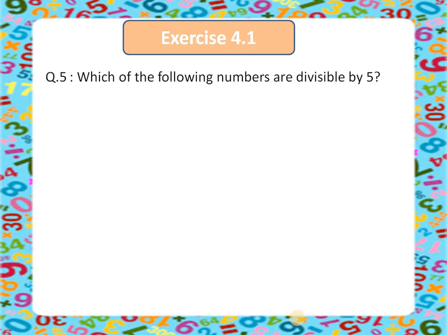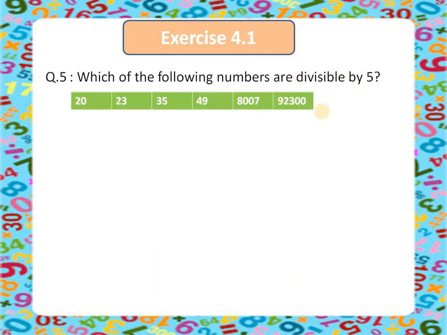Next question, question number 5. Which of the following numbers are divisible by 5? First of all, know the divisibility rule of 5. The last digit has to be 5 or 0. So numbers are given to you.